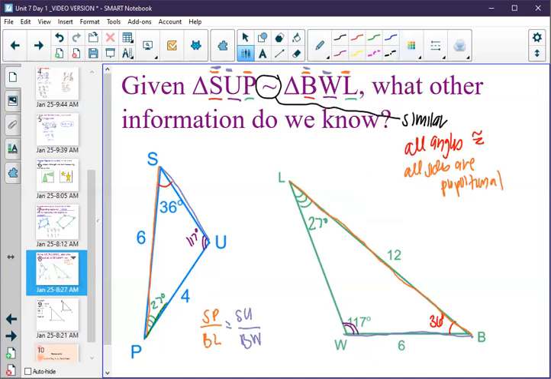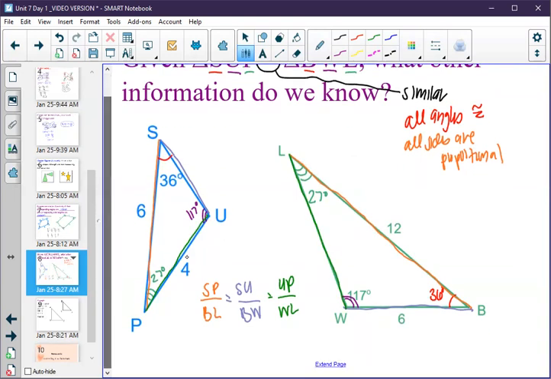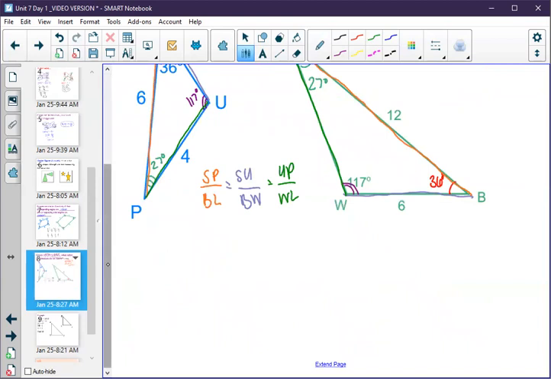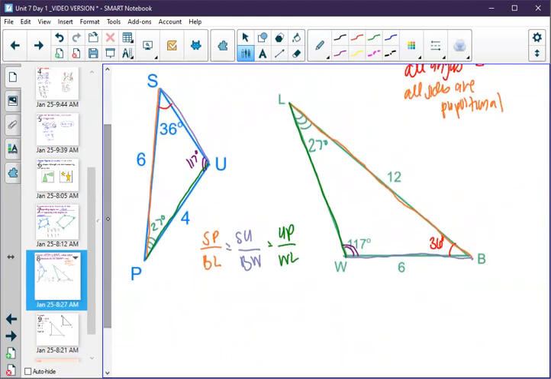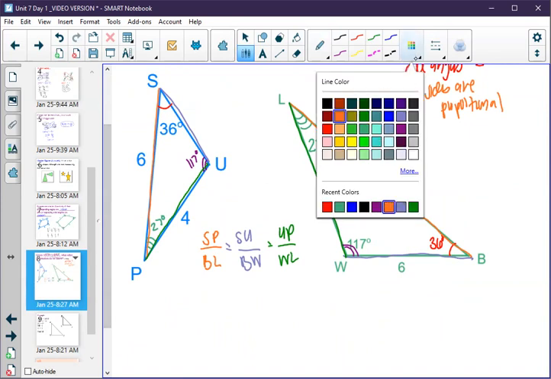We have UP. We have the last two letters, WL. So now that I have my ratios set up with my side lengths, with the names, I can go ahead and plug in the values that I know.